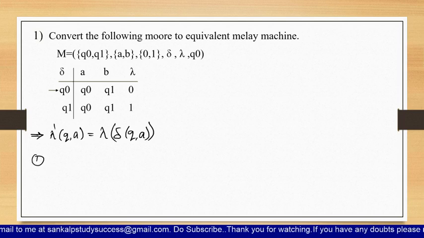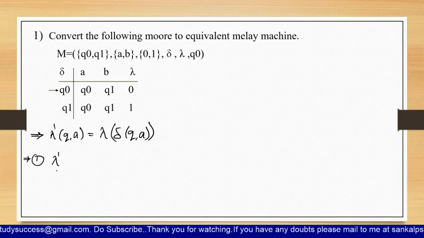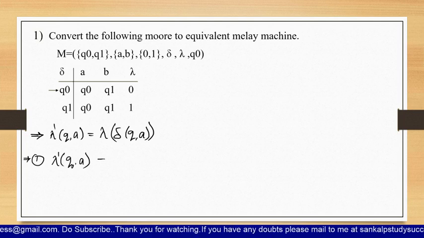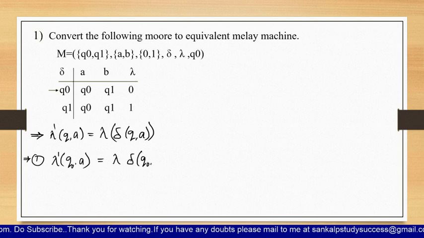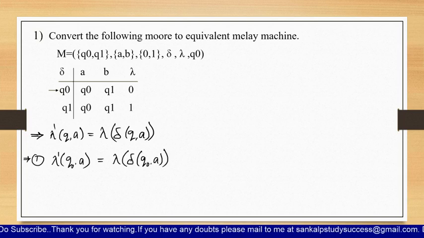Here, we are going to start from the first one, because this is the formula. Lambda dash of, we have our present state as Q0 and A as the input symbol. So Q0 comma A, because we are starting from the initial state. So it becomes lambda of transition function of Q0 comma A. The transition function of Q0 comma A is nothing but Q0, right?